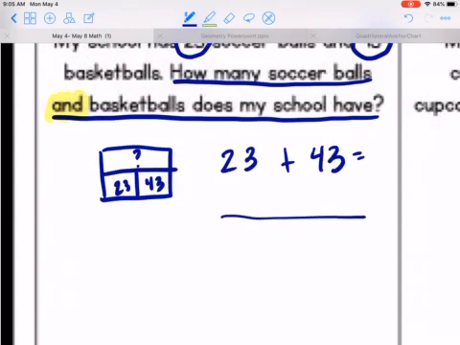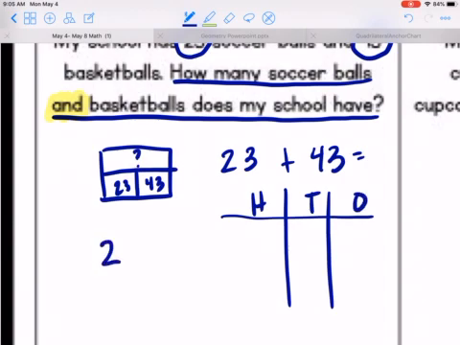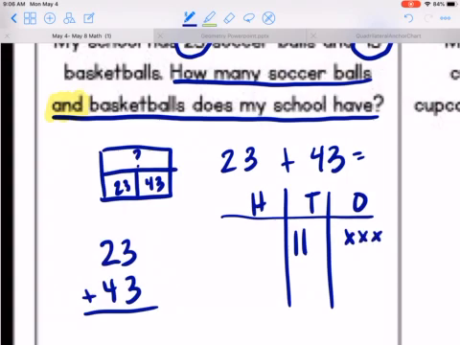I'm going to do my base 10 blocks, 1 tens and ones here, and I'm going to stack it. So 23, when we're adding, it doesn't matter which one you build first. 23. We're going to add 43. 4 tens, 3 ones.